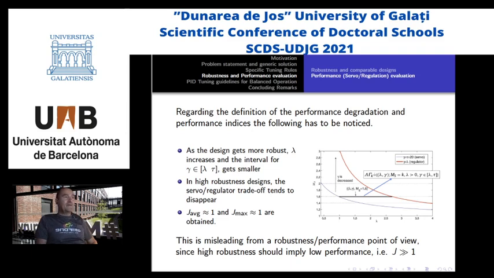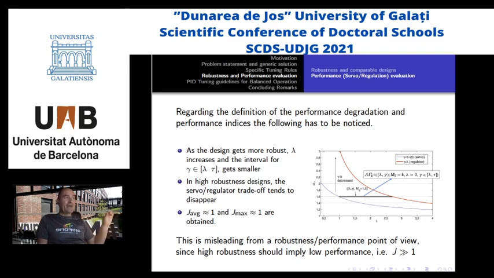But from the figure that you have here, that is the same that we used before to explain the designs, what you find here is that as you get more robust, this means lambda gets higher. Okay, if you want a more robust design, you move lambda to values of 2, 3, 4, or even far in the right side. What happens if you move far on the right side? That the blue and the red designs get closer and closer.